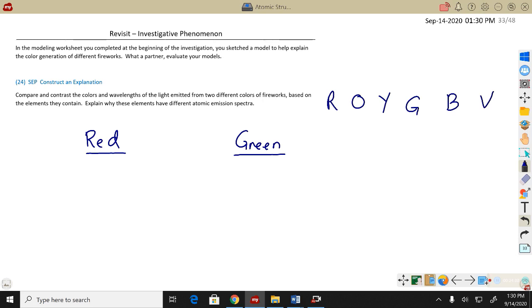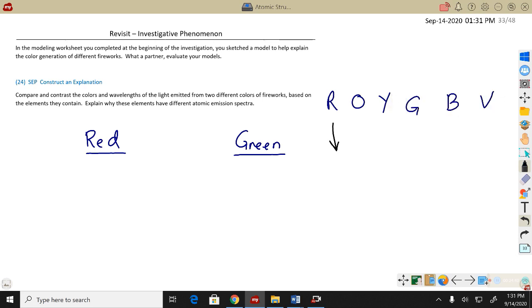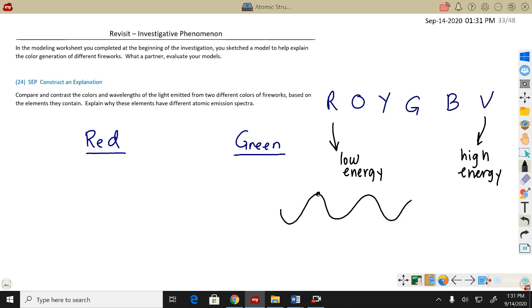So if we mark that in, the red is low energy, and the violet is high energy. And then to correspond, the red wavelength would be a lower wavelength. I should say it's a higher wavelength, lower frequency.